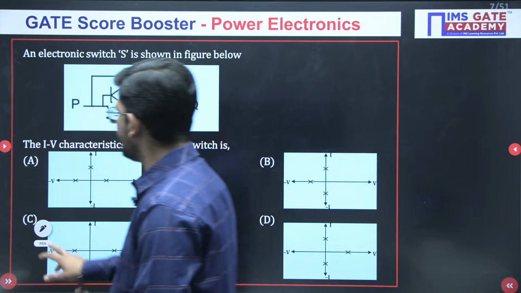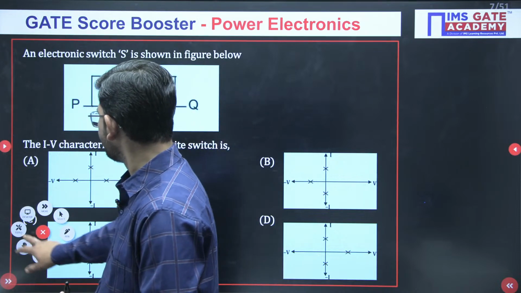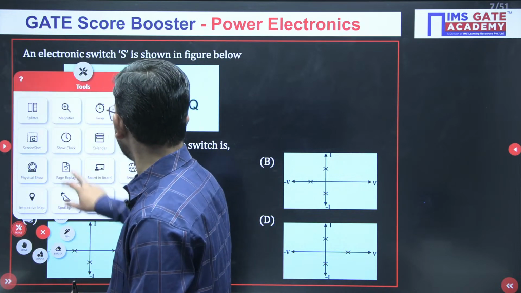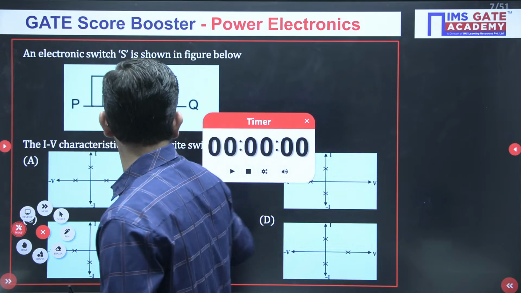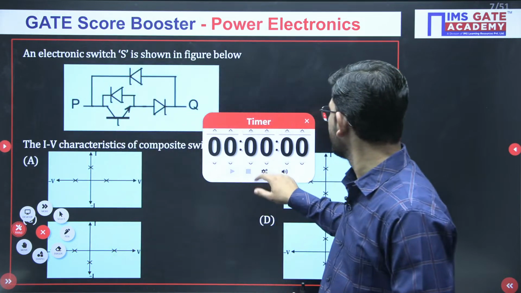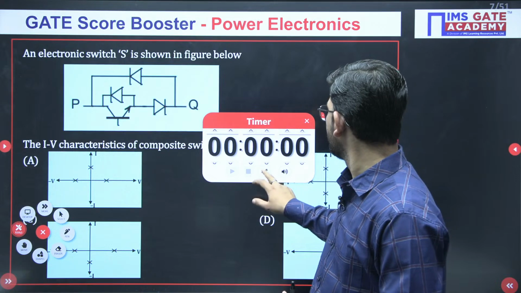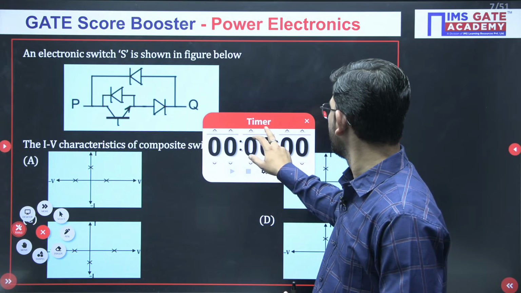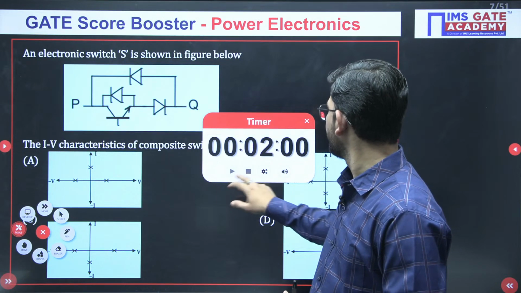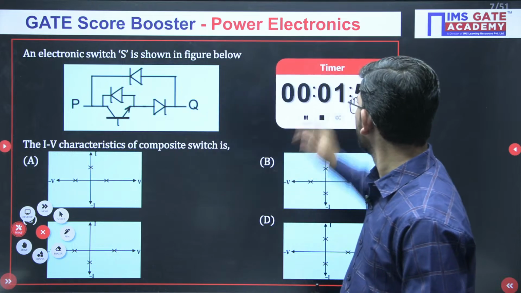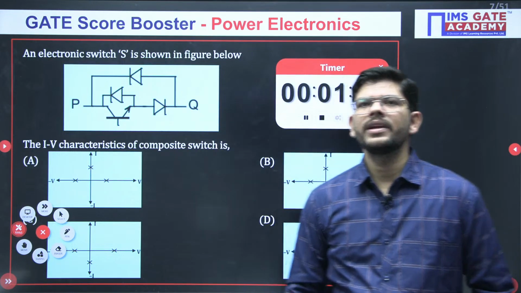So this is what you have to tell here. So let me give you a timer, and let me see whether you can solve this question. And your time starts now.